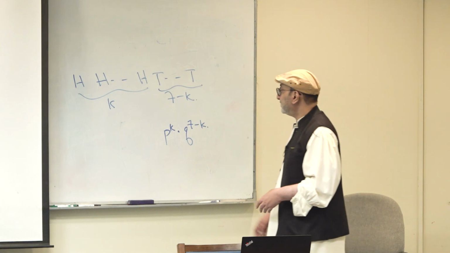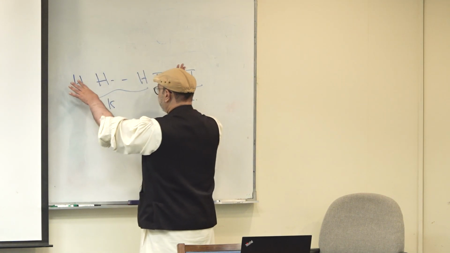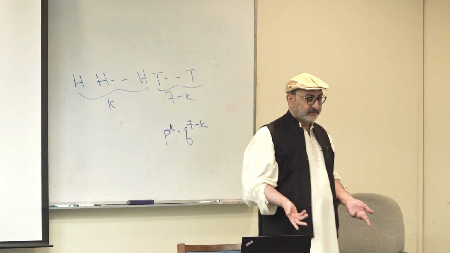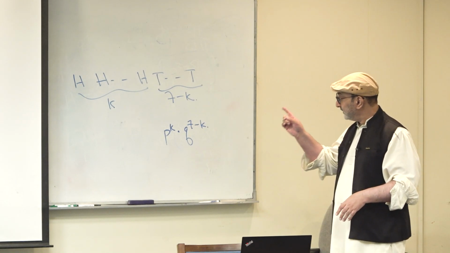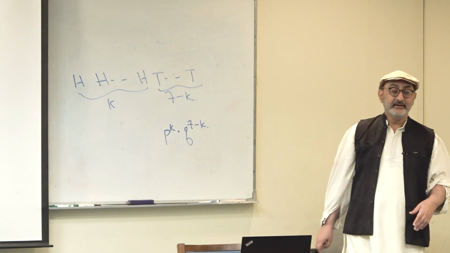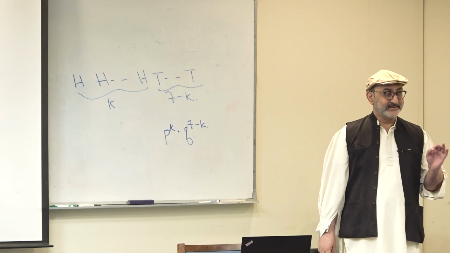Now, if we move these h's and t's around and we get a different sequence, the probability comes out exactly the same. All right? So each one of those rearranged sequences has the same probability.